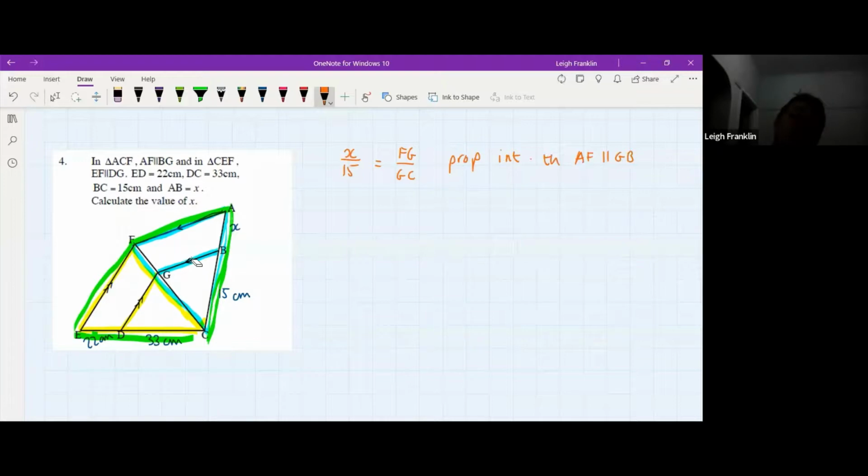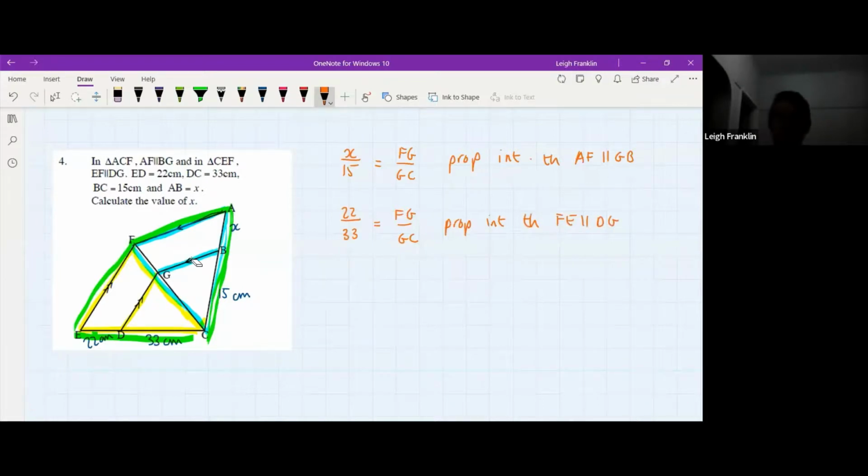Then I'm going to go into the yellow triangle, and I'm going to say that 22 over 33 is also equal to FG over GC. Proportionality, intercept theorem. Now I'm working in the yellow triangle, so FE parallel to GD.